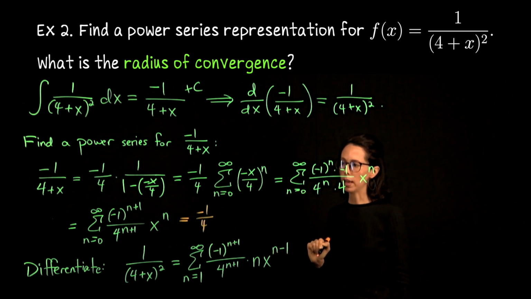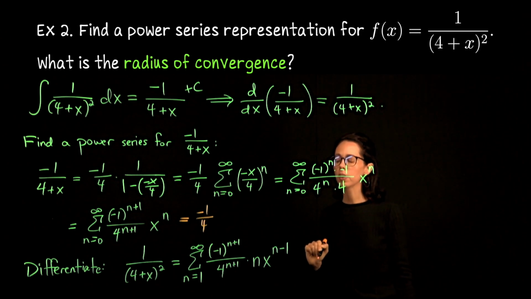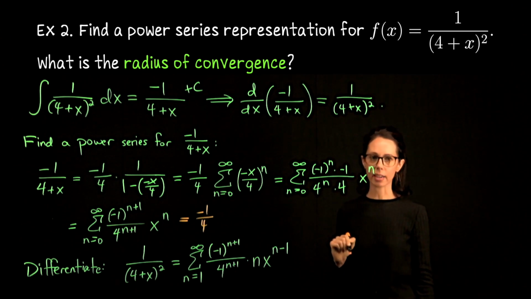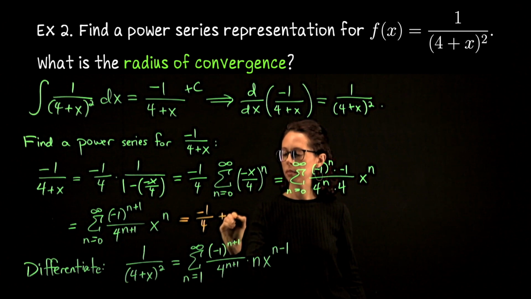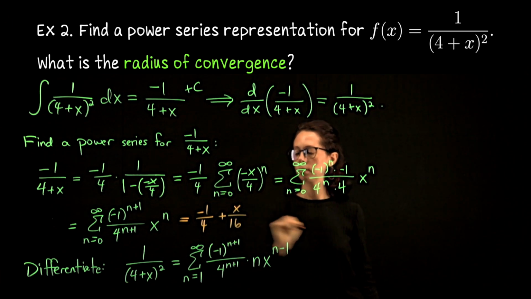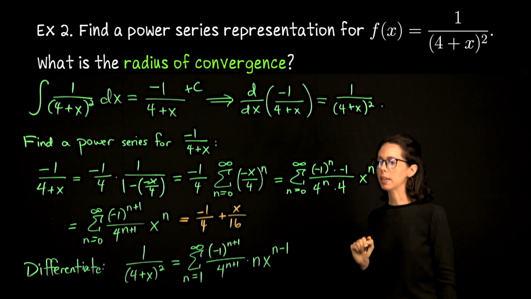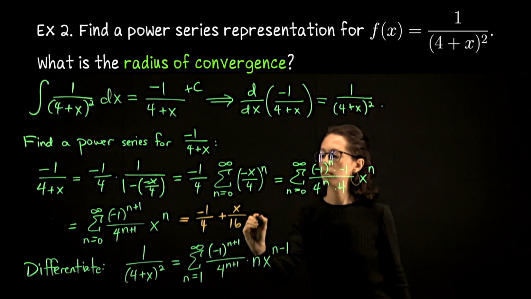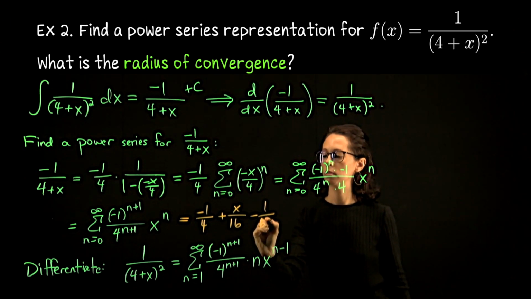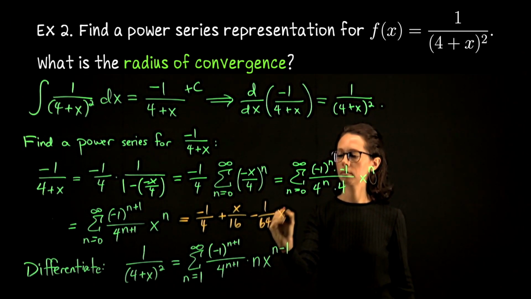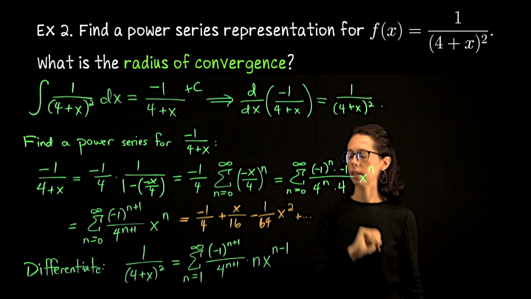When n equals 1, it's going to be positive 1/16 x. When n equals 2, it's going to be negative 1 over 64 x squared, etc.